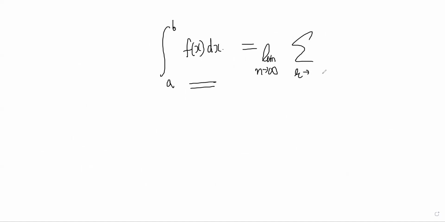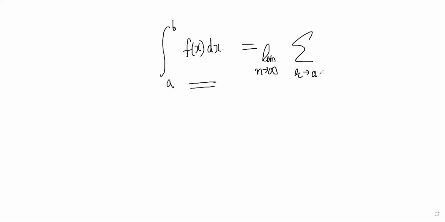If you have the integral from a to b of f(x) dx, this process, the definite integral that you have calculated, can be written as a summation, with limit n tends to infinity, and r goes from some value a by n.